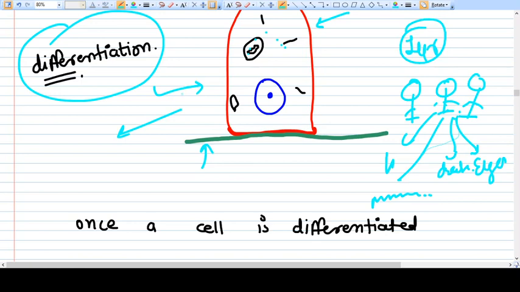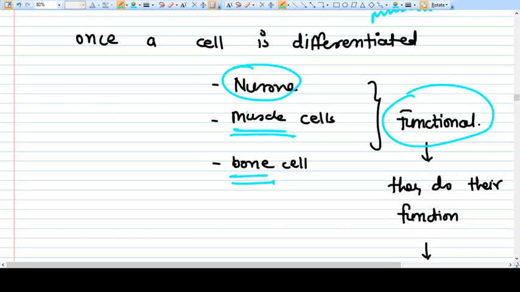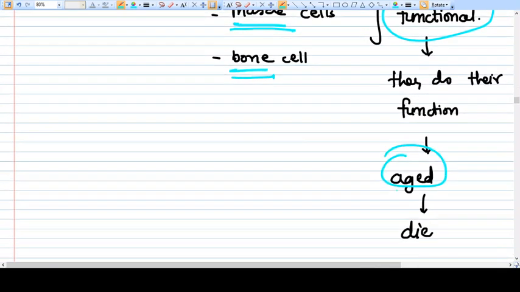Once a cell is differentiated and gets its functional properties, that cell cannot easily go in reverse back to the stage of division. Once the cell is differentiated, like neurons, muscle cells, bone cells, they become functional. They do their function. They age and they die.